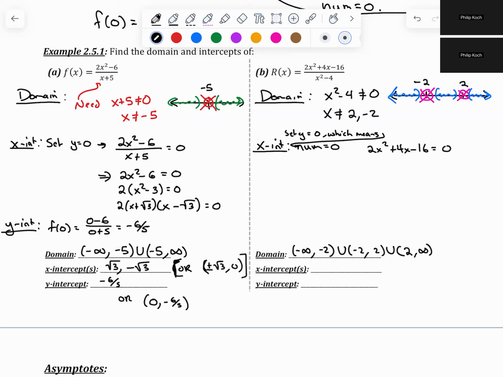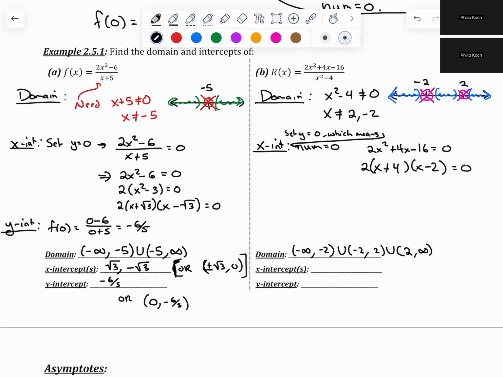I'm going to give more space next time. There's not enough space to do these things. So just in the interest of time and space, I'm going to factor it for us right off the get-go. This will factor to 2 times (x plus 4)(x minus 2) equals 0, because you get 4x minus 2.